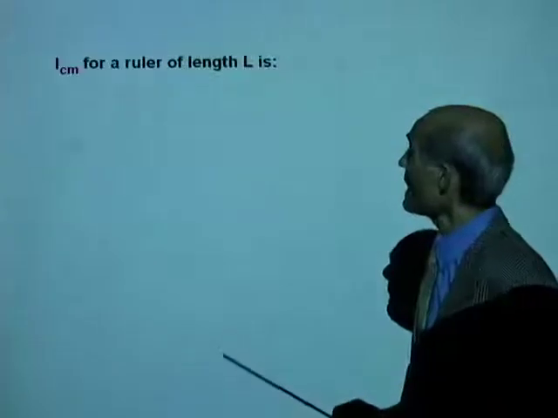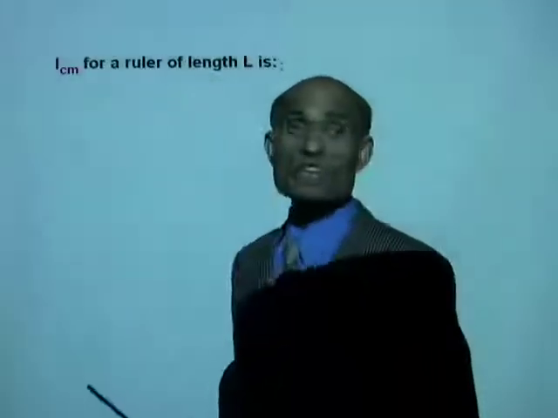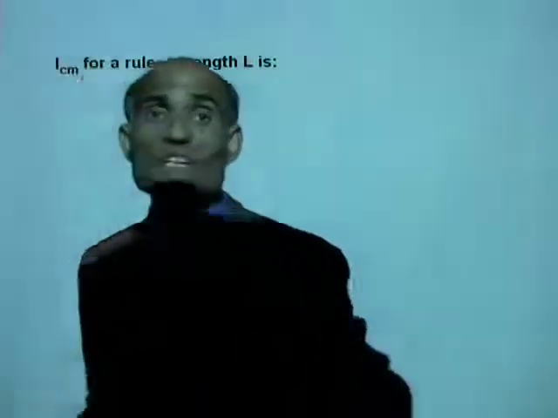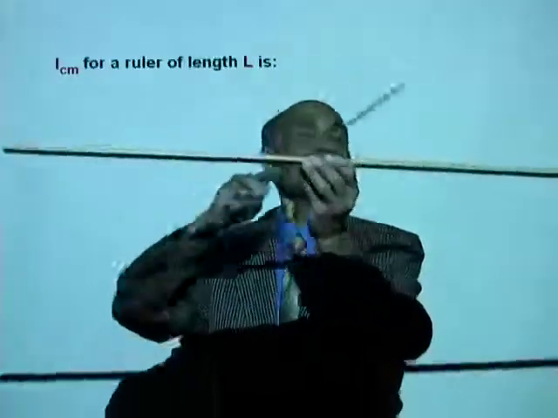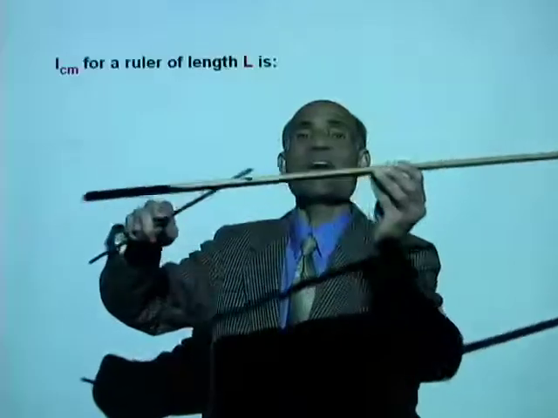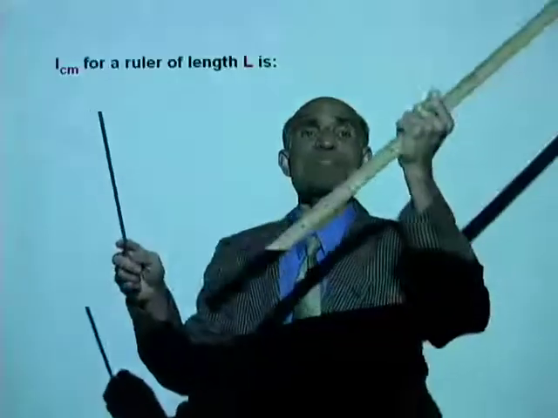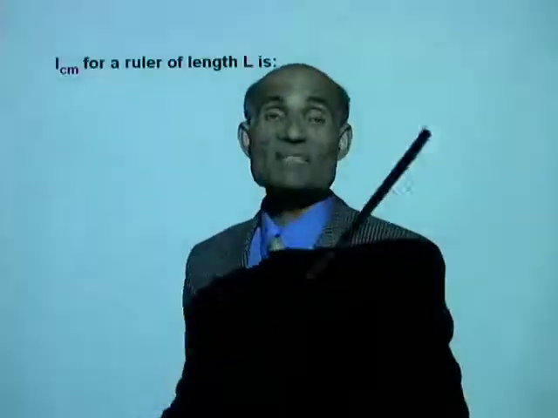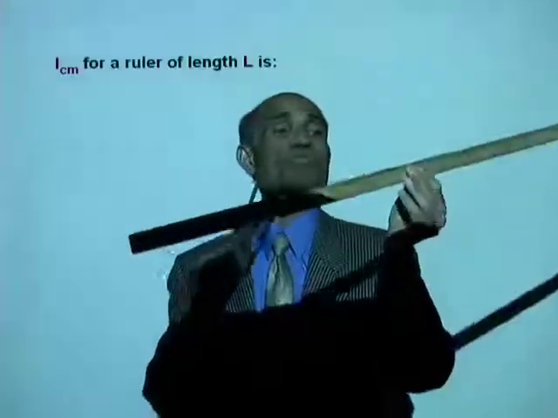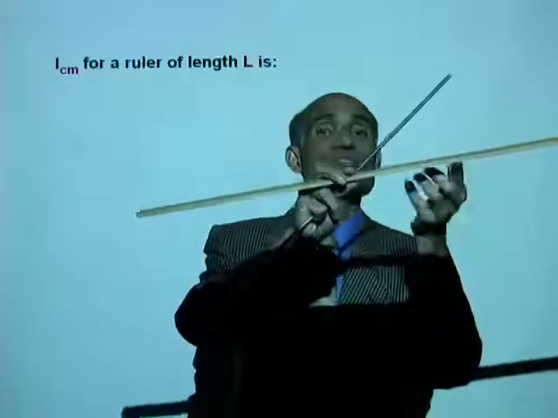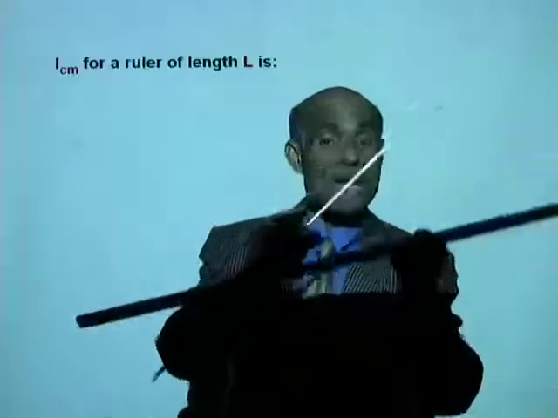Okay, another one. What is the equation for the moment of inertia of a ruler like this, which has a length L and a mass m? What does I center of mass stand for? The moment of inertia about an axis through its center of mass.